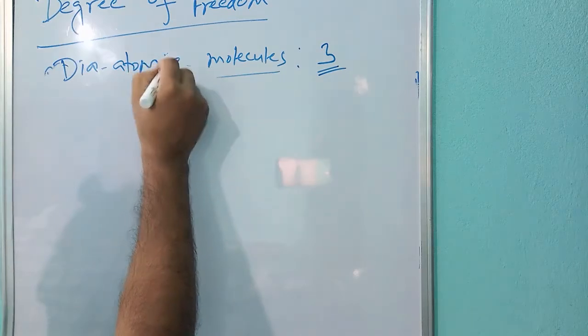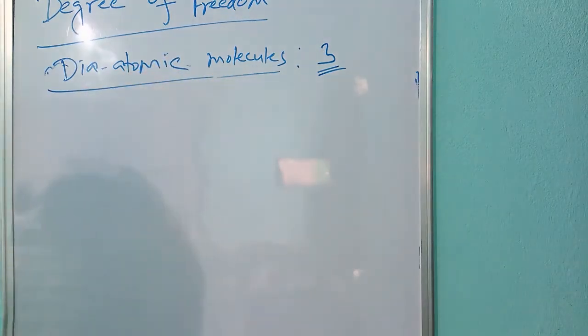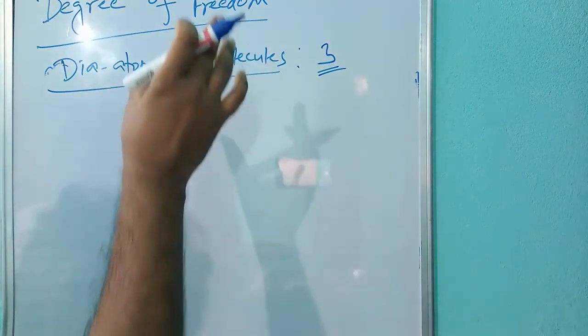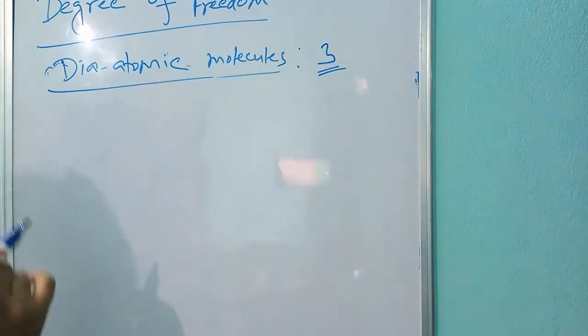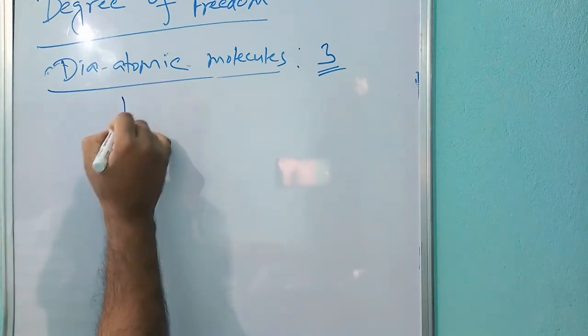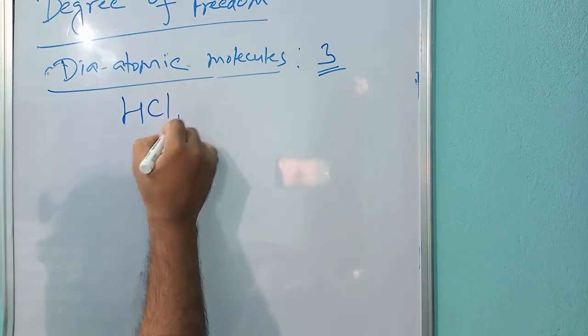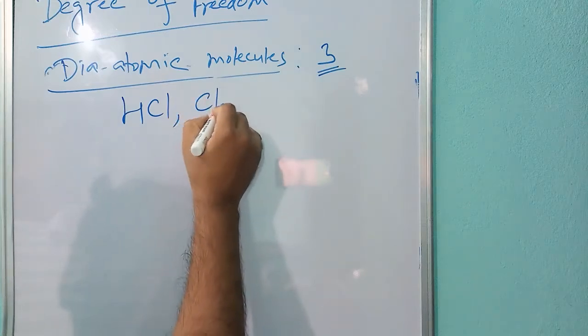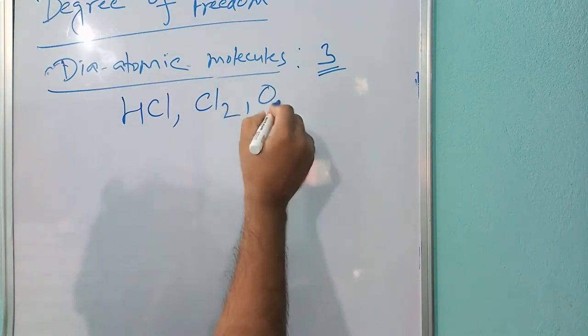Diatomic molecule. In a diatomic molecule, it will look like a dumbbell, in dumbbell shape. Examples of diatomic molecules are HCl or Cl2 or O2.